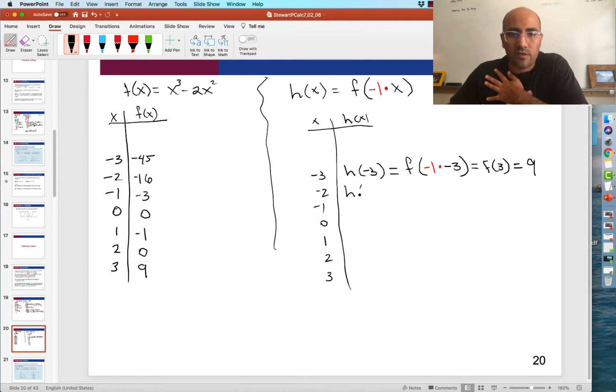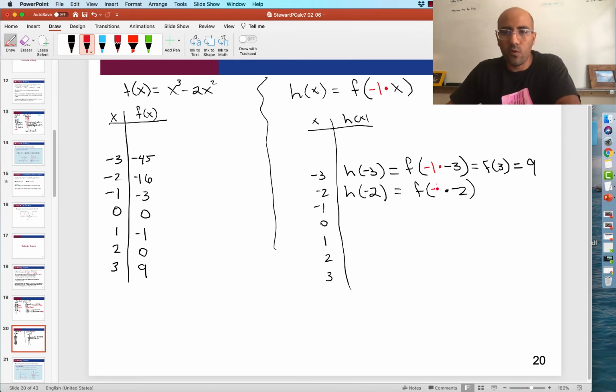And same thing with the others. h of -2 equals f of -1 times -2, right? So there's a -1 here.